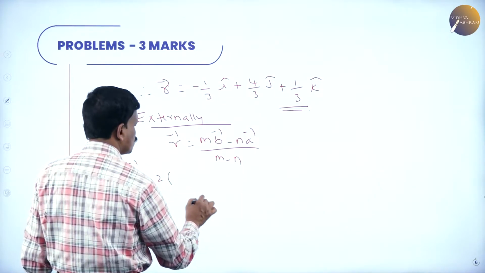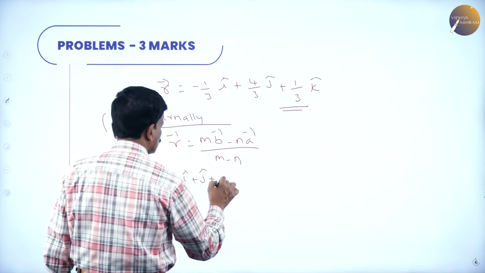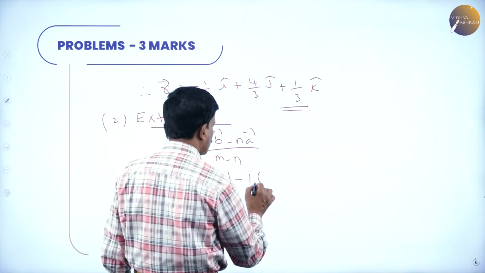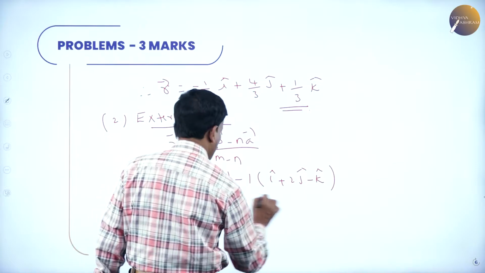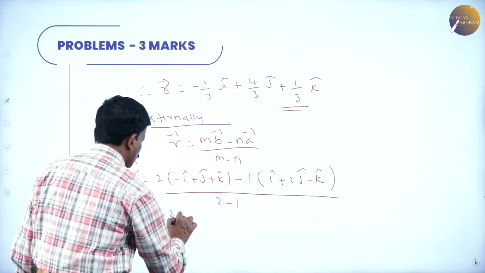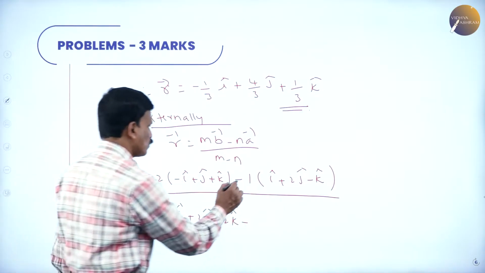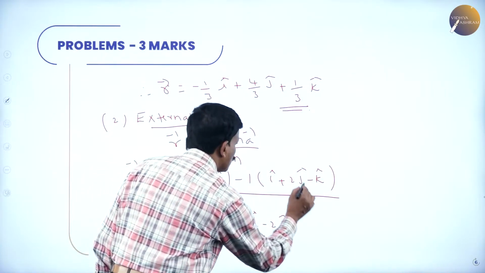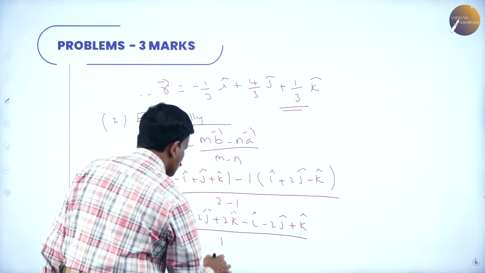So this is 2 into minus i plus j plus k, minus n is 1 into a, i plus 2j minus k, divided by m minus n, 2 minus 1. So this is equal to minus 2i plus 2j plus 2k. So minus 1 into i is minus i, minus 2j, minus into minus plus k, divided by 2 minus 1 is 1.